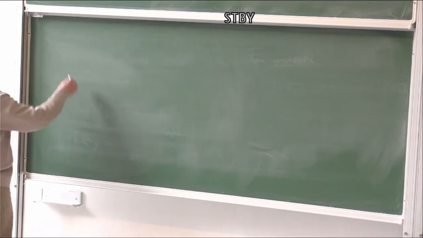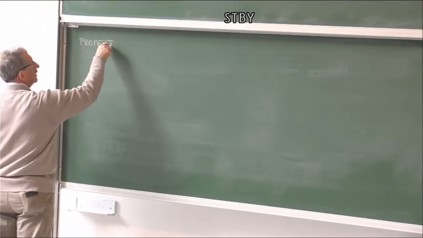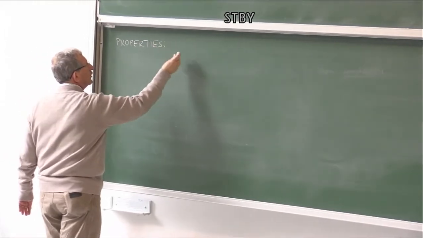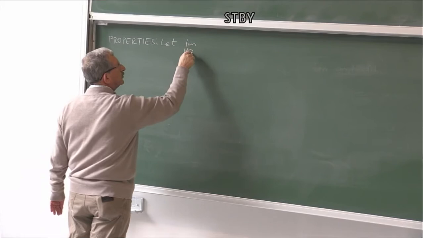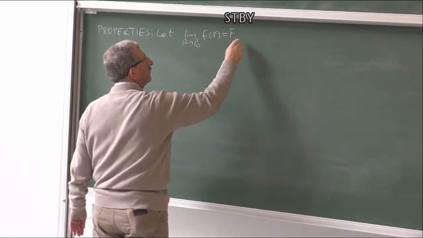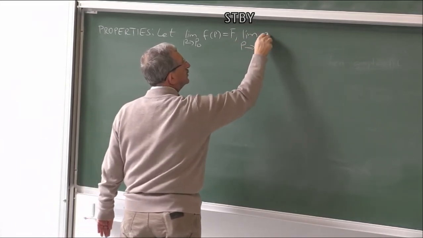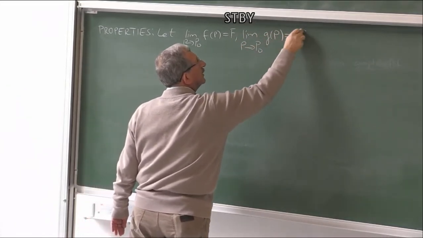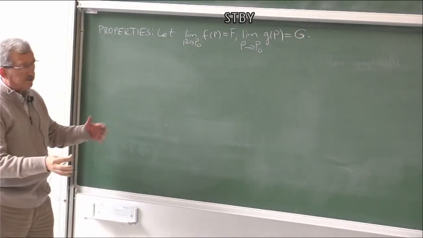What are these properties? So let the limit as p approaches p0 of f of p be F, and the limit as p approaches p0 of g of p be G. These are functions of two variables now.